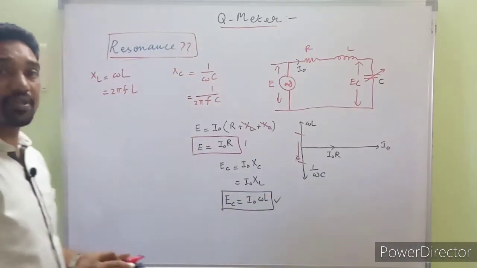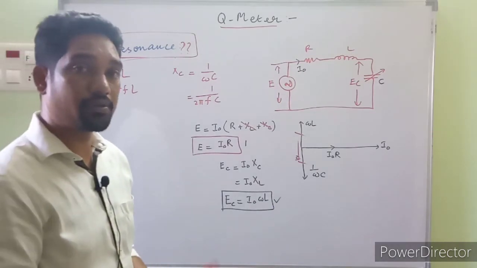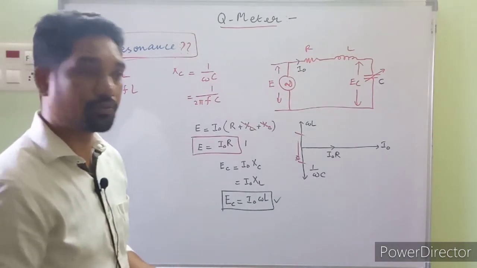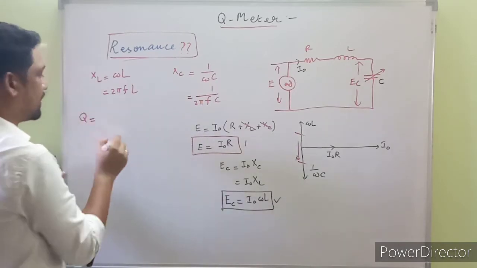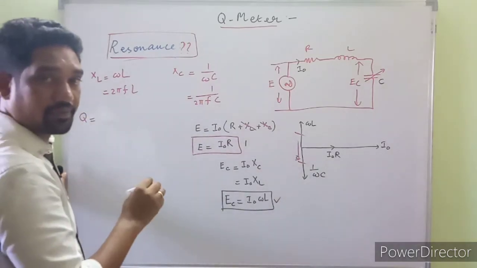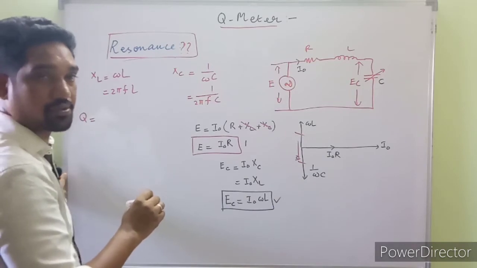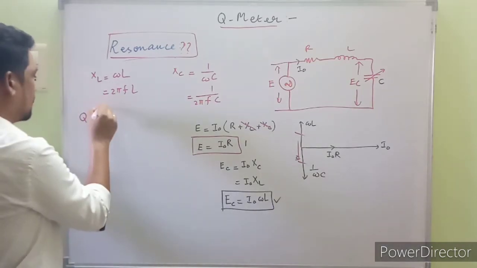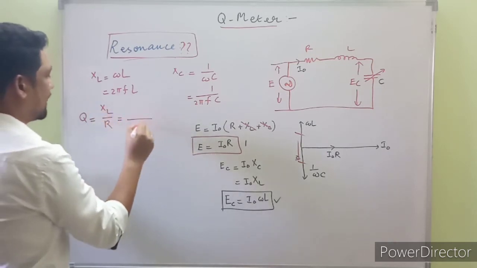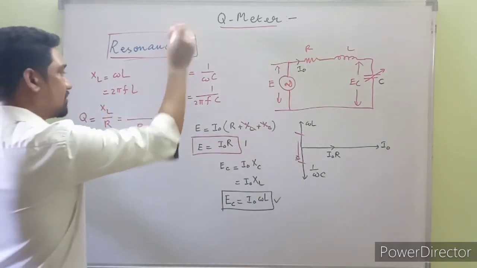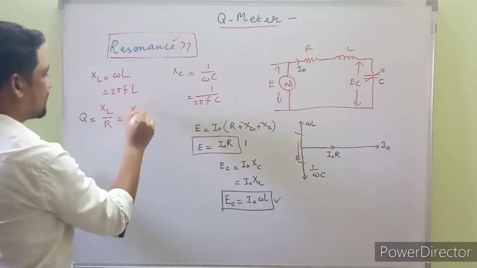And what is the definition? What, according to the definition, is the quality factor Q? Q is defined as the inductive reactance upon the resistance, the ratio between XL by R. Once again, at resonance, XL will be equal to XC.